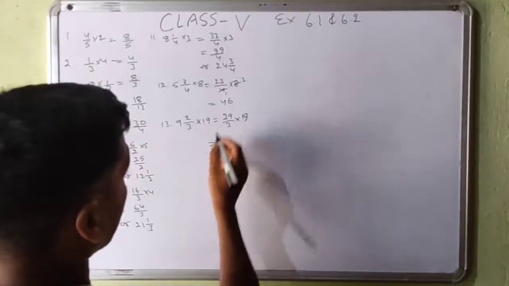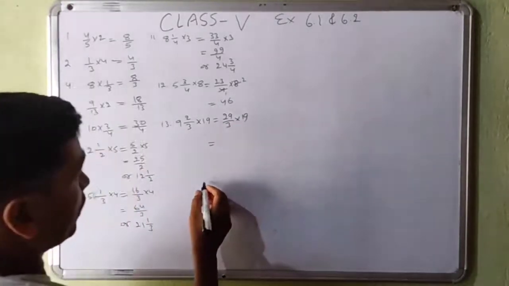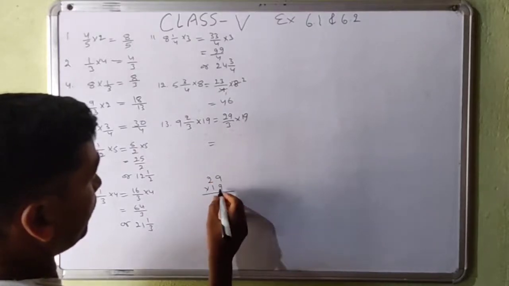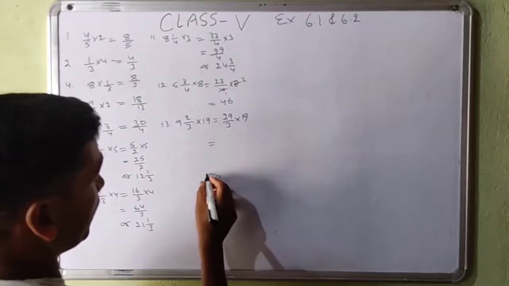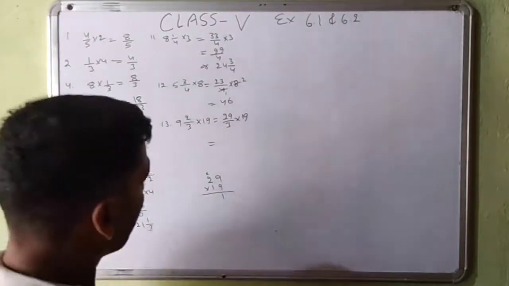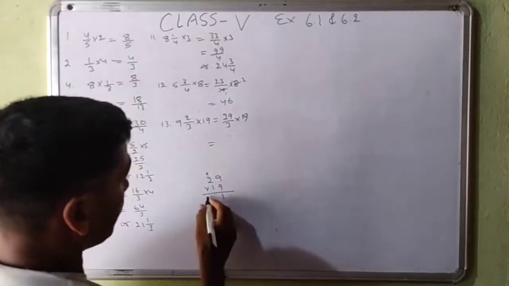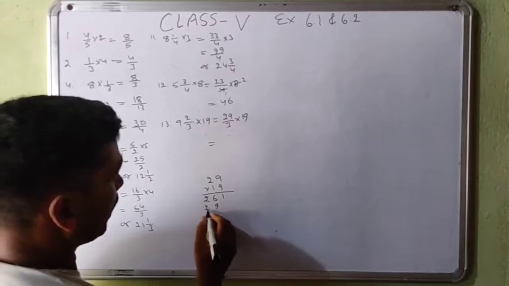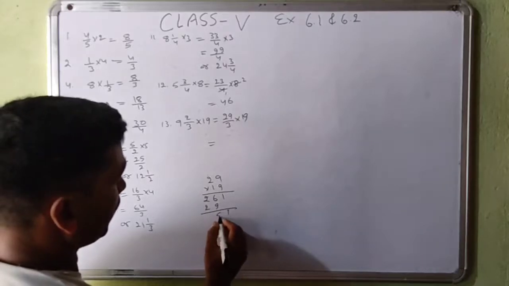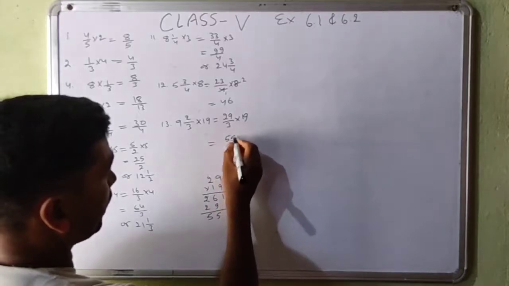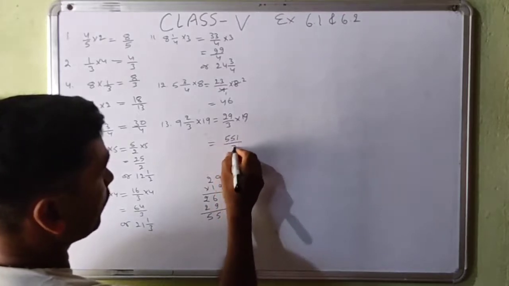So 19 29s, that's not easy to read from the table, so you multiply in a rough place. 9 9s are 81, carry 8, and 9 2s are 18, 8, 26. And then 1 9 is 9, 1 2 is 2, 1 9 6 15, 2 2 4. So that will be 551 upon 3.